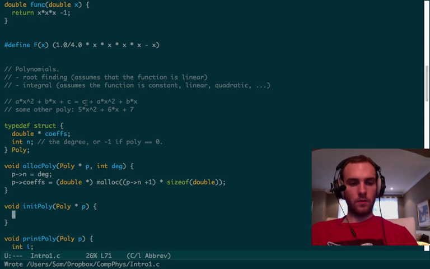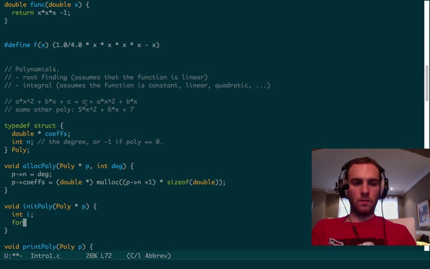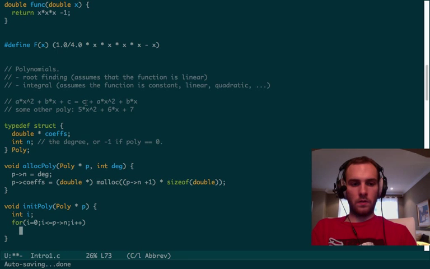then for, or to initialize the polynomial, and p dot coefs.